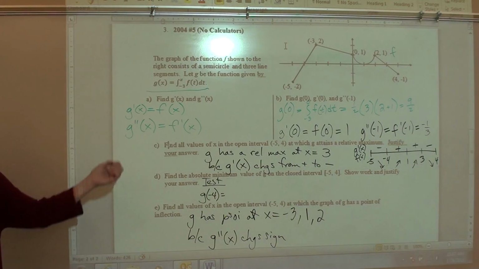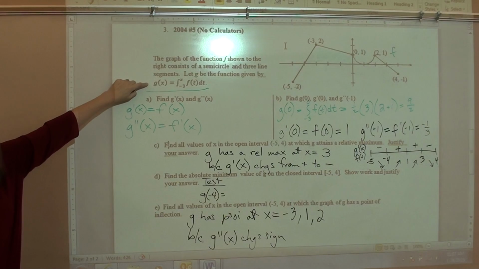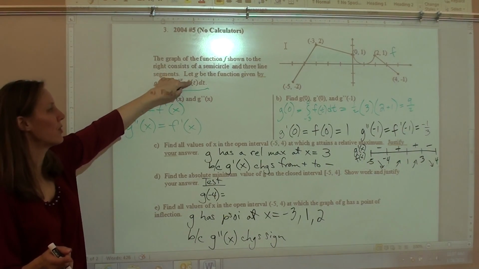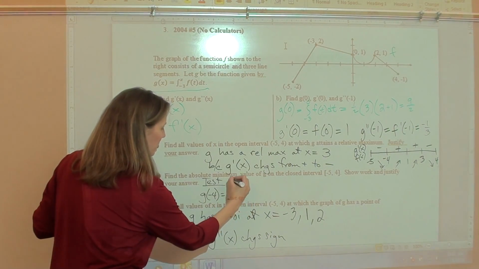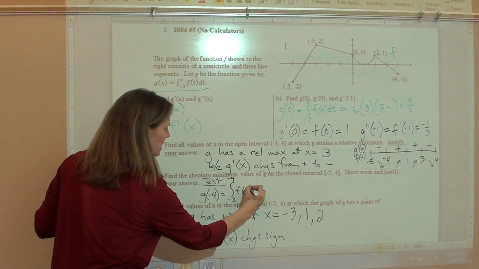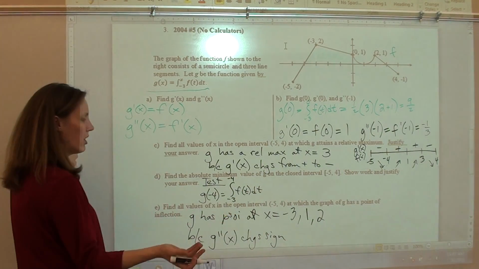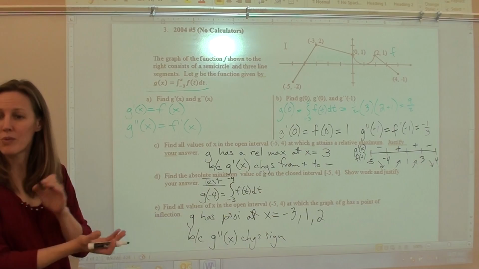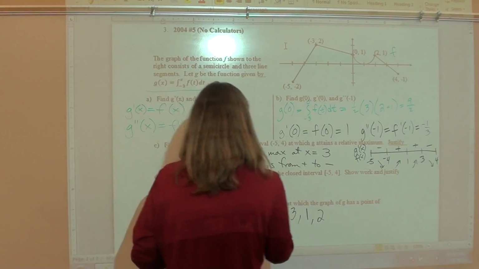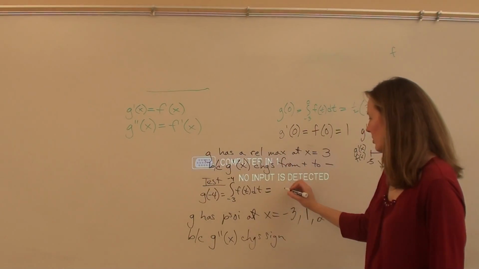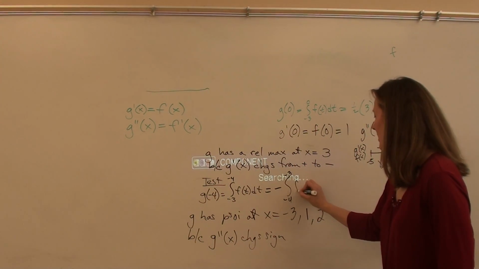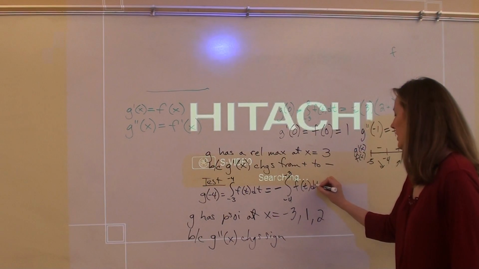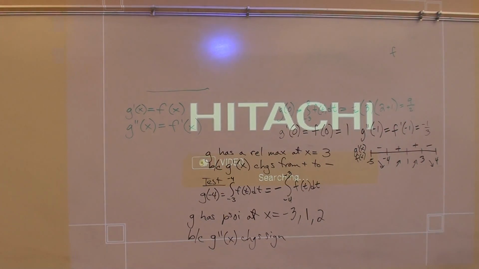It equals the integral from -3 to -4 of f of t dt. Oh no, we're going high to low. We have to reverse the limits. So this is actually equal to negative the integral from -4 to -3 of f of t dt.